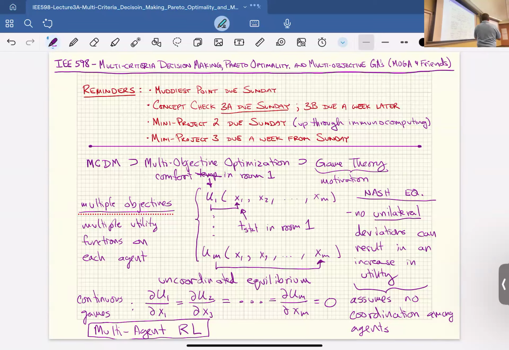I will say I'll just make a little note here that a related topic is so-called variational inequalities, which is a broader span of problems of which the Nash problem is a subset.